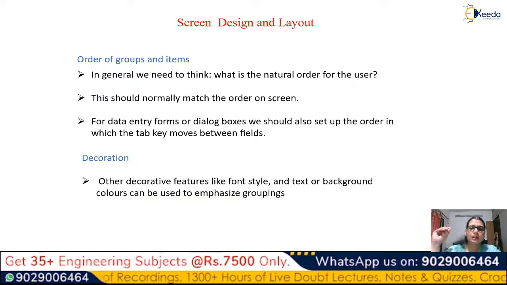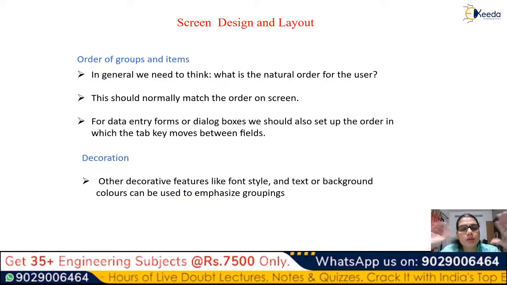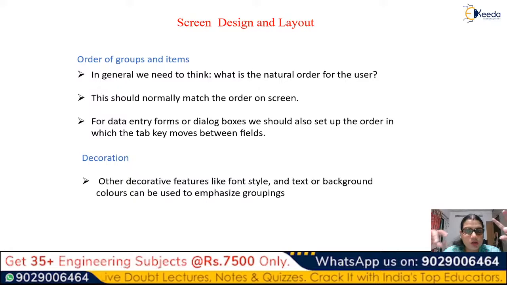But initially, if there is a notification, sometimes it depends on the link they provide, or it's hidden somewhere, so you need to search for where the notification link is. Or sometimes it's given in the home display itself, where you can find, oh, this is the notification I'm looking for. So what is the natural order of the user?